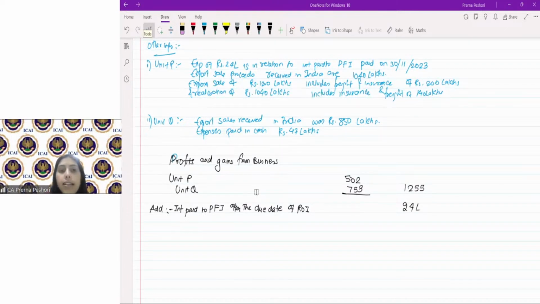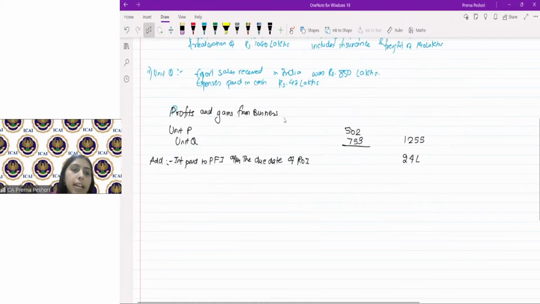So, the expenses paid in cash. What about that? Yes, Janvi, correct.